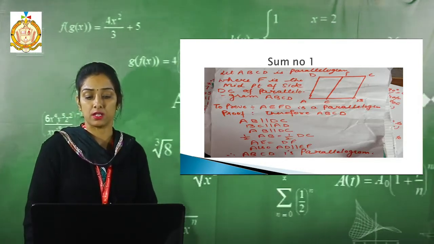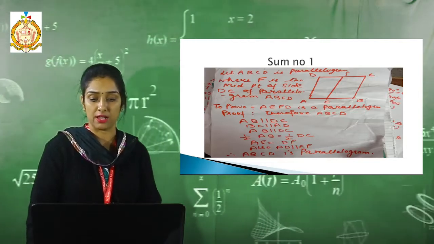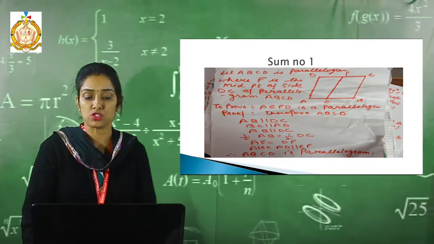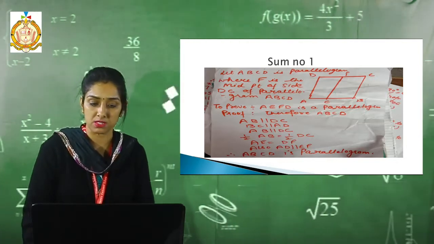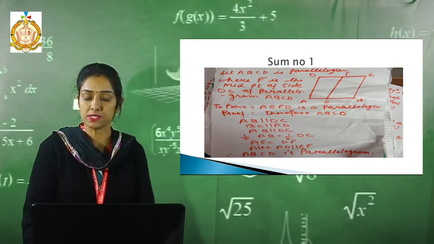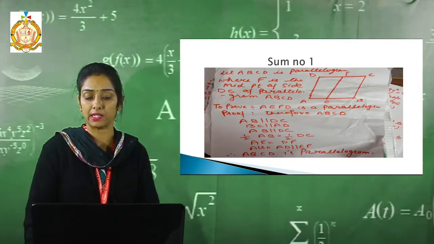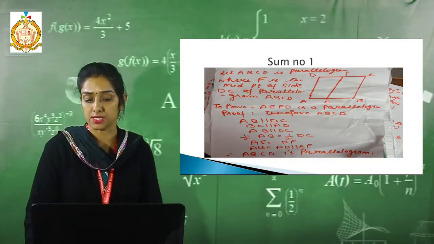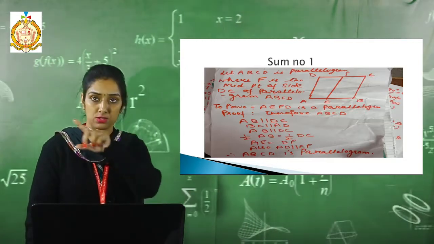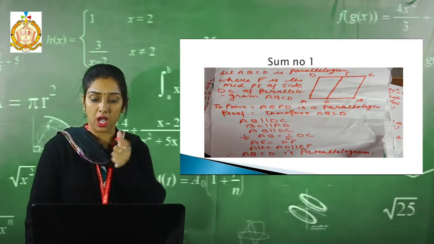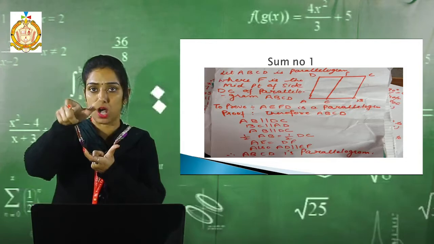See students, we take ABCD, right? First of all, what is given? That is AB is parallel to DC and BC is parallel to AD, right? From this, what do we get? AB is parallel to DC. Now, half of AB is also parallel to half of DC.